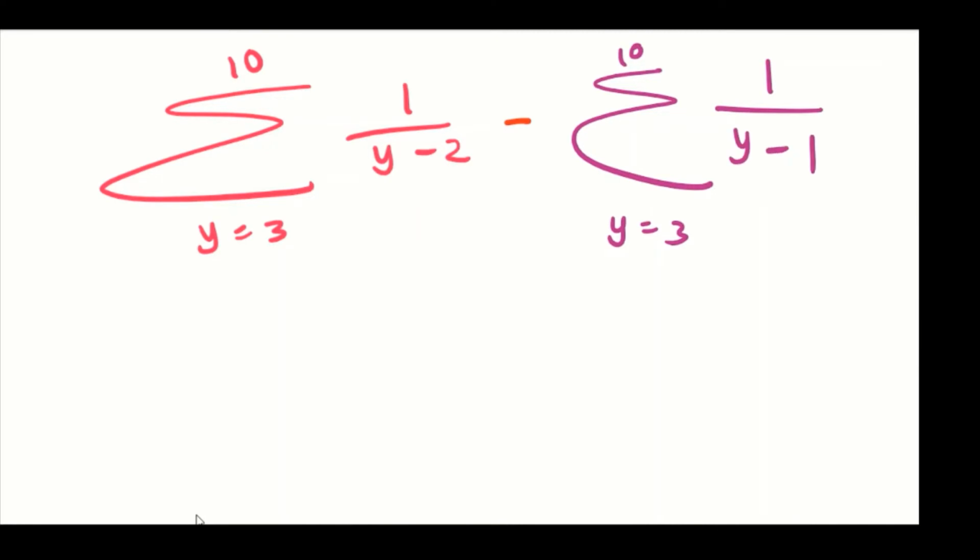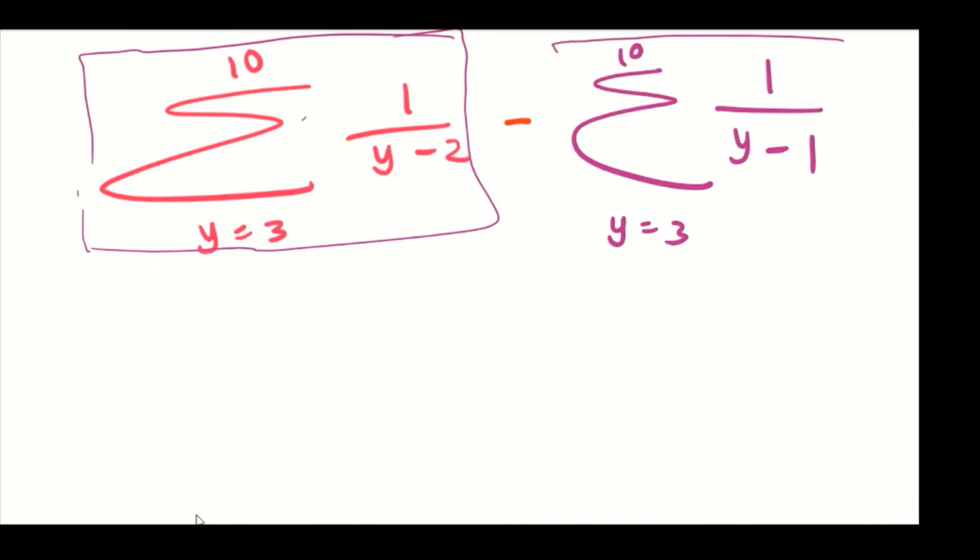To solve this, we can identify all the terms for this portion, because we are starting at y equals 3 and ending at 10. It's not a lot of terms, so we can just write down all of them.